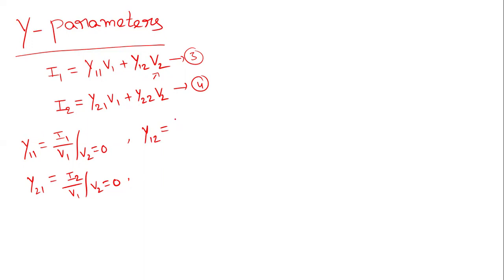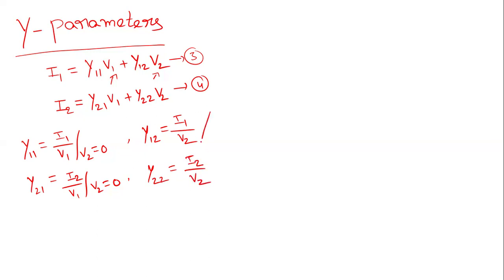To find Y12 and Y22, we need to make V1 as 0. So Y12 is I1 by V2, and Y22 is I2 by V2.